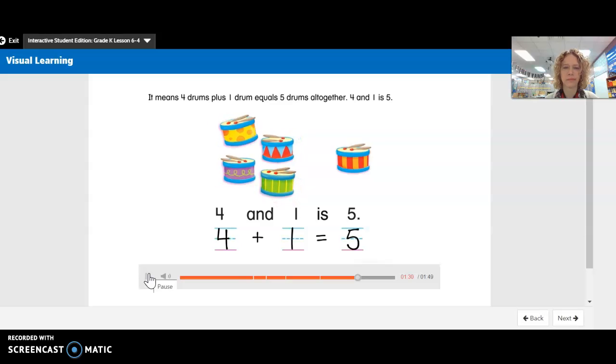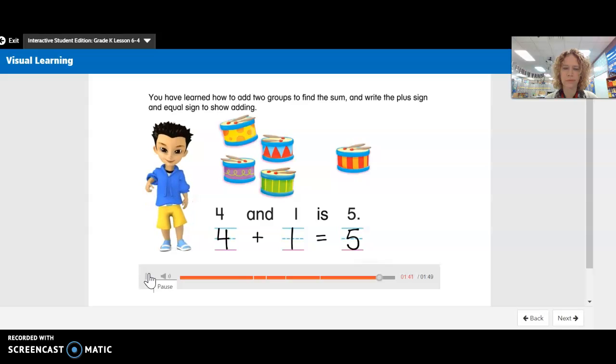It means 4 drums plus 1 drum equals 5 drums altogether. 4 and 1 is 5. You have learned how to add 2 groups to find the sum and write the plus sign and equal sign to show adding.